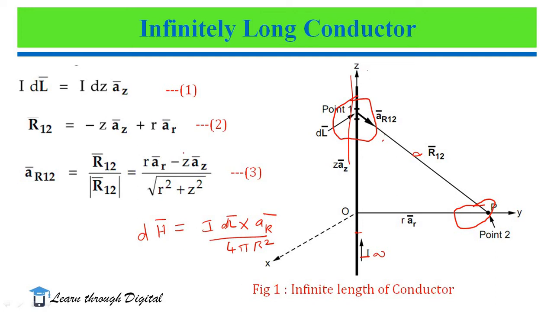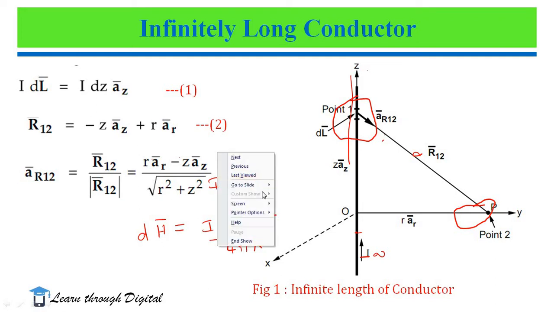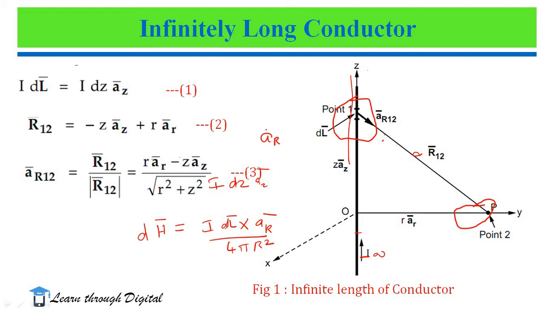First we write I dl vector. I dl vector is I dz az vector. Next, this ar vector is a unit vector along the r direction, along the distance vector. So unit vector ar vector is equal to r vector by modulus of r vector.